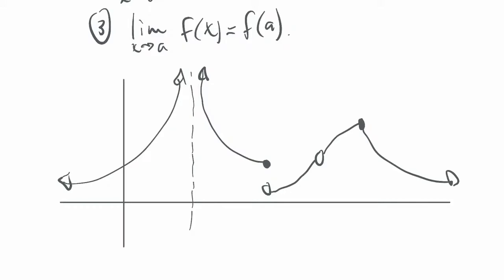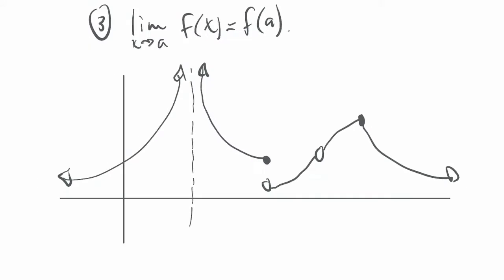Actually, there's one more. I'll talk about that one separately. That one doesn't come up as much. There are 3 primary discontinuity types. So if we call this A, this one B, this one C, and this one D, right? At A, this is what's called an infinite discontinuity.